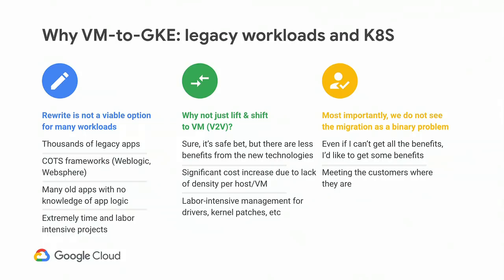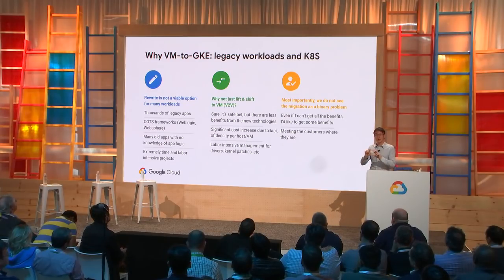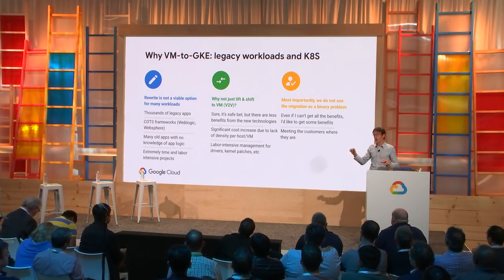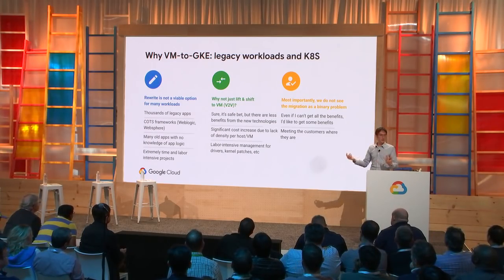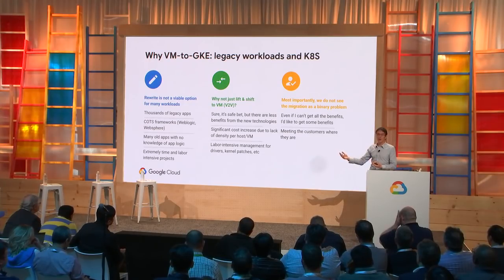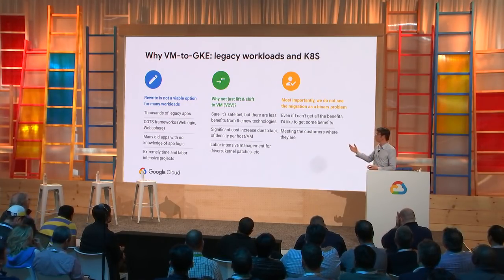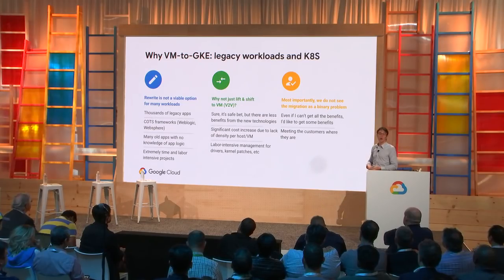But if you can move them to the cloud and onto GKE, then you can instrument them and interface them with the modern microservices that you're building and take advantage of the same benefits of GKE, where we manage the kernel for you. You have access to our CI/CD pipeline, where you can use other services such as Istio and Service Mesh, and interact with your microservice applications. So we take those legacy apps where rewrite is not an option, and we run them for you in a container on GCP.